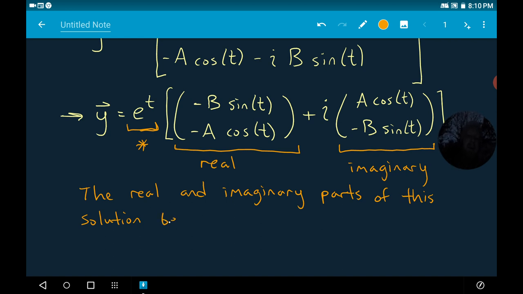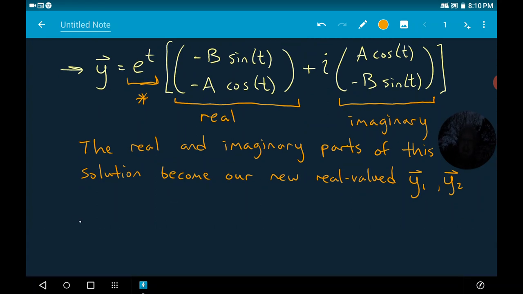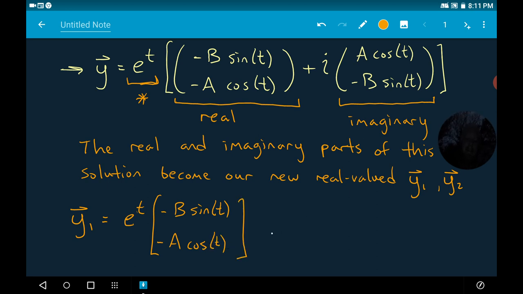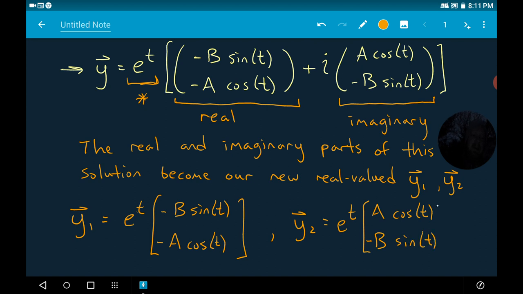But the real and imaginary parts of the solution become our new real valued y1 vector and y2 vector, right? Our new real valued solutions. So y1 vector is going to be equal to e to the t times negative b sine of t, negative a cosine of t. And y2 vector is going to become e to the t times a cosine of t, negative b sine of t.